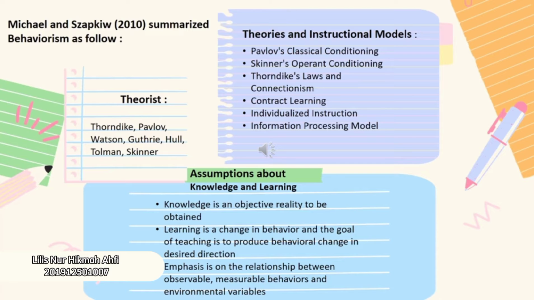Assumption about knowledge and learning: knowledge is an objective reality to be obtained. Learning is a change in behavior, and the goal of teaching is to produce behavioral change in the desired direction. Emphasis is on the relationship between observable, measurable behaviors and environmental variables.